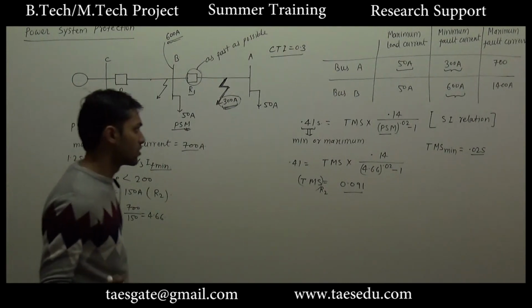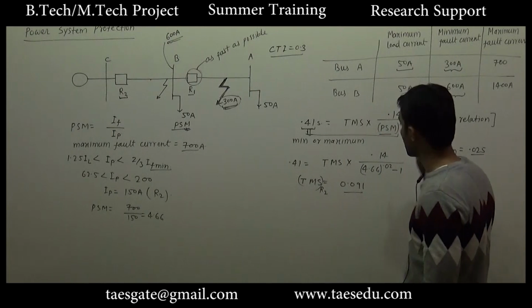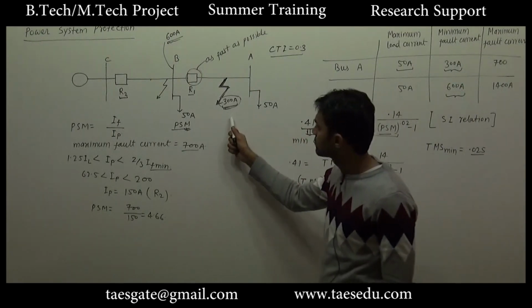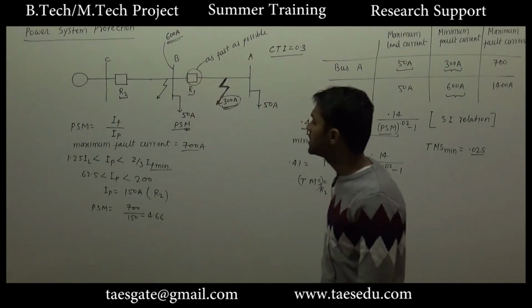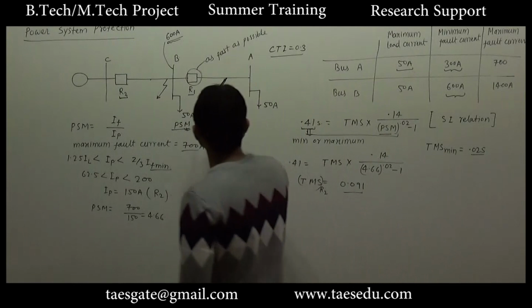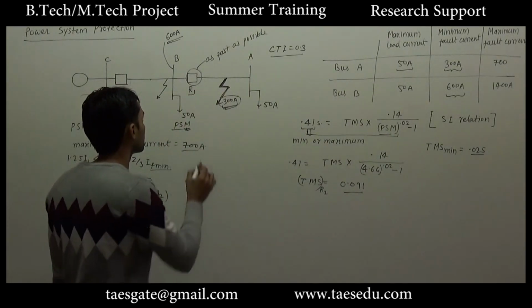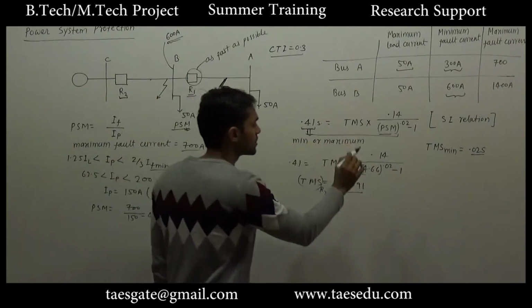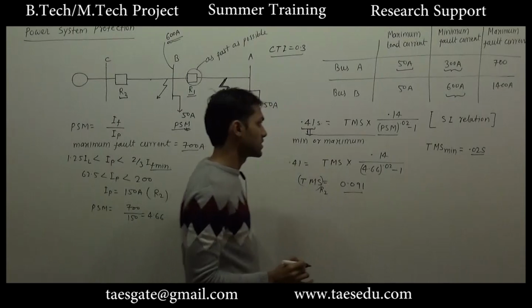Let me summarize what I did so far. We had this formula for calculating the operation time. I considered this fault, and for this fault relay R1 will provide primary protection. For this protection we will use this formula. For using this formula we have to find out the value of PSM.